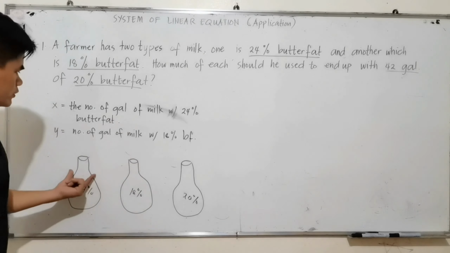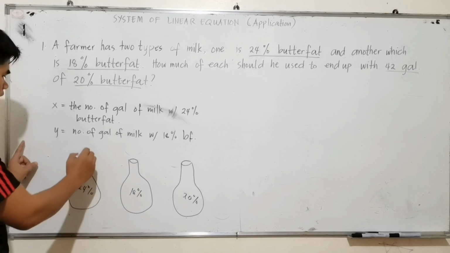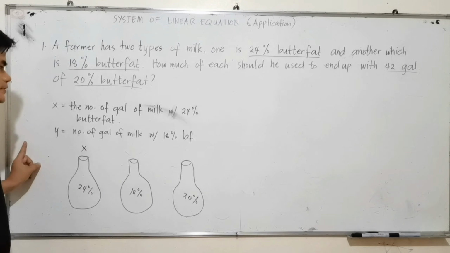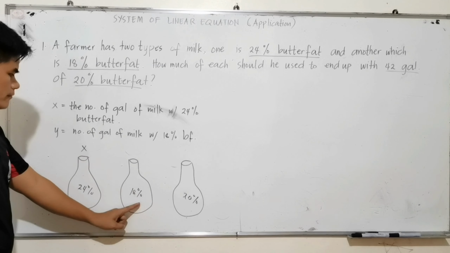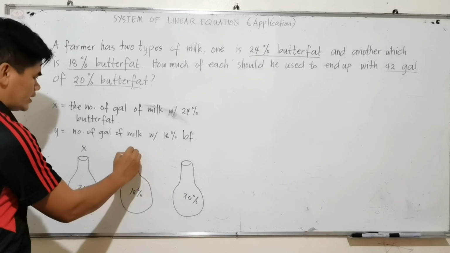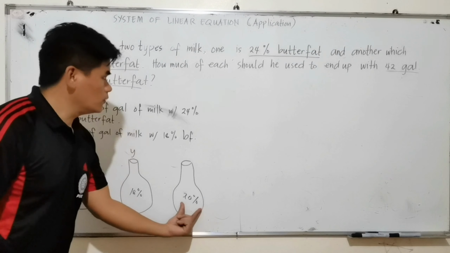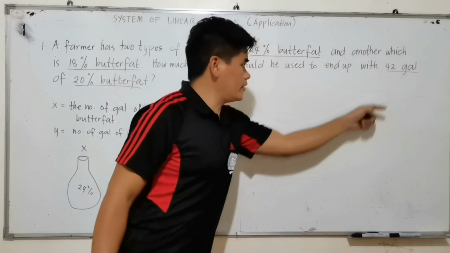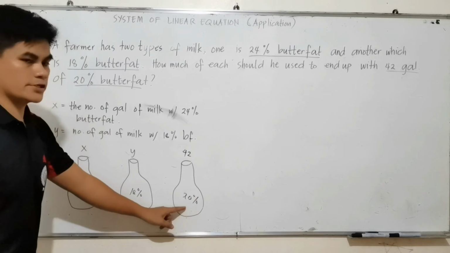We don't know how many gallons of 24% butter fat, so we'll assign it as X. For 18% butter fat, we don't know how many gallons, so we'll assign it as Y. But for the 20%, we know based on the problem that there are 42 gallons of 20% butter fat.